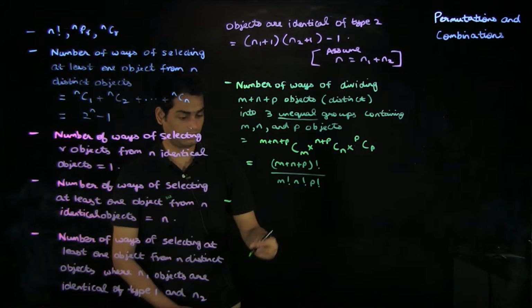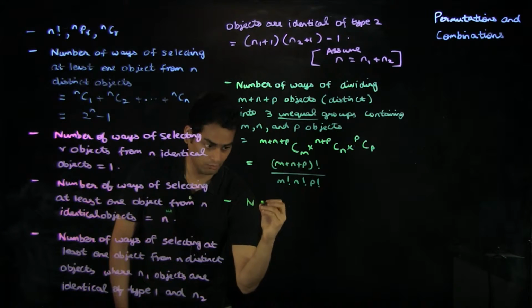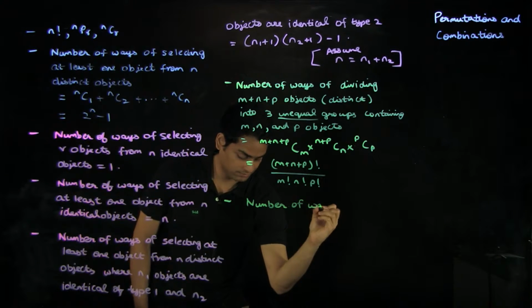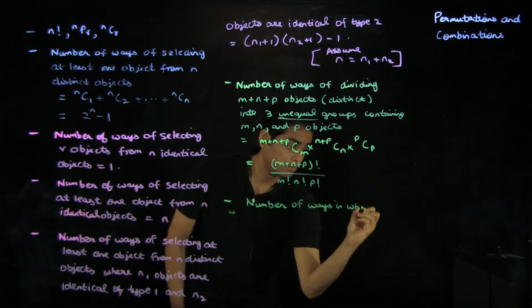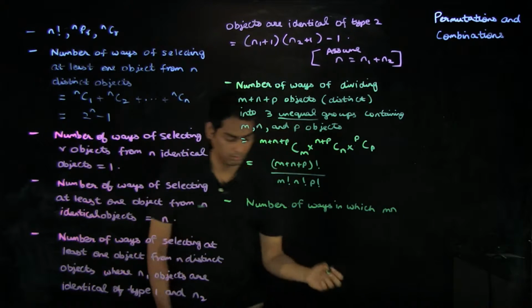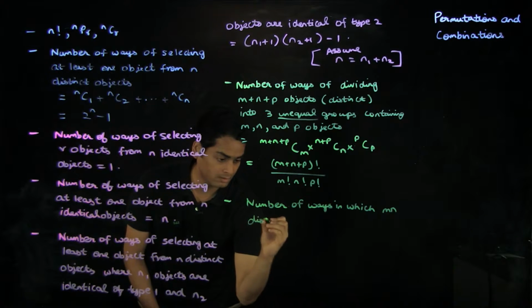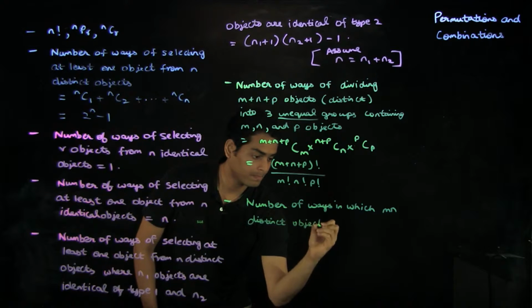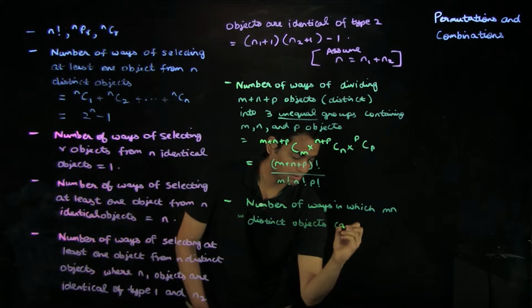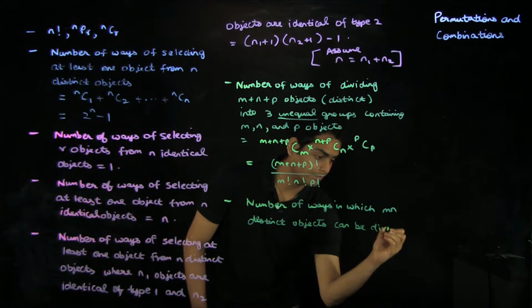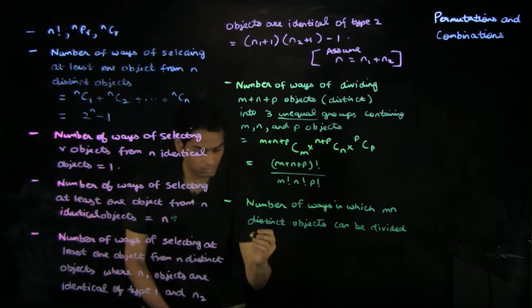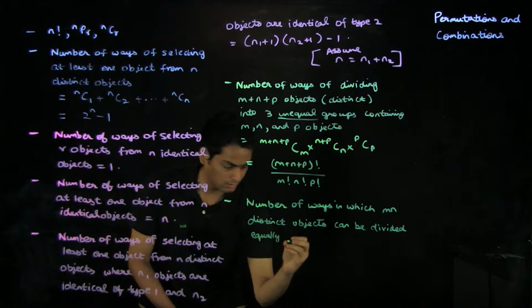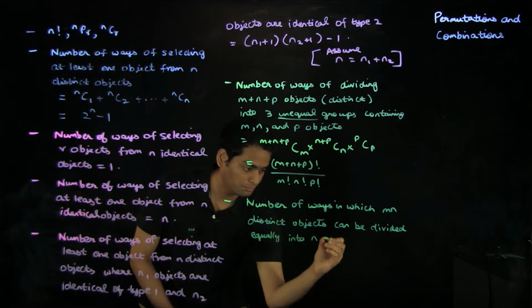So let's generalize this result a bit for the case of equal groups. The number of ways in which mn distinct objects, where mn is m times n, can be divided equally into n groups.